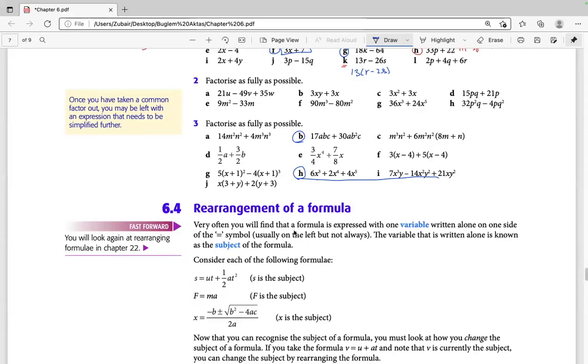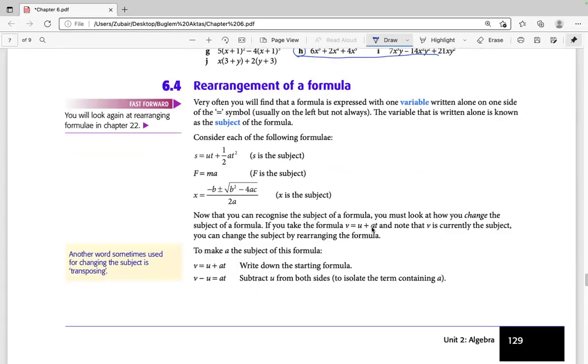Now, the main aim of the chapter, rearrangement of the formula. As we can see these three formulas, S equals ut plus half at squared. For now, for mathematics, this is just any simple formula in which S is the subject. But if you are taking physics, S is displacement, U is initial velocity, T is time, A is acceleration, and T is again the time.